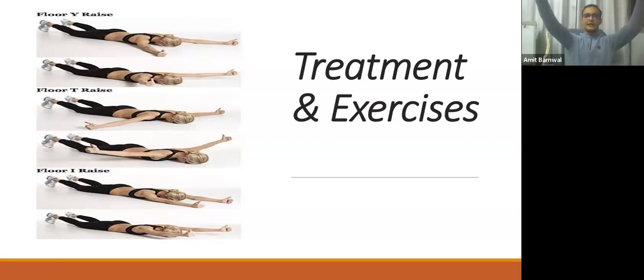The Y is like this in a prone lying, and for the T, simply lifting the arm. And we can make a progression like 5 count, 10 count for 3 to 5 repetitions initially, and again we can progress to 10 to 15 or 20 repetitions as well.